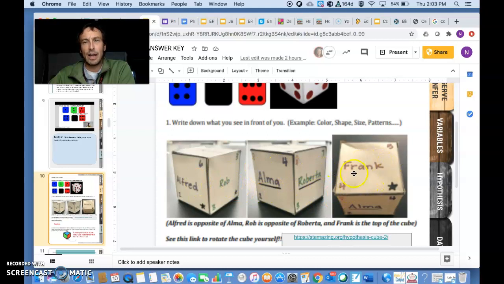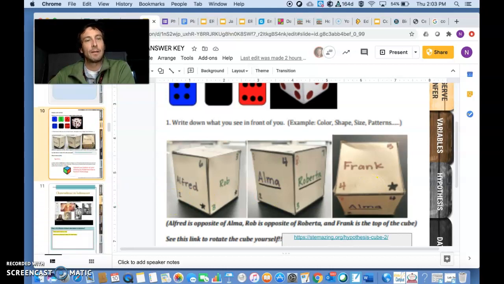So this was the top of the opposite side of what you were looking at, right? So hopefully you'll be able to look at other people's Padlets that show what they thought was on the bottom of this based off of their observations, based off of their inferences.